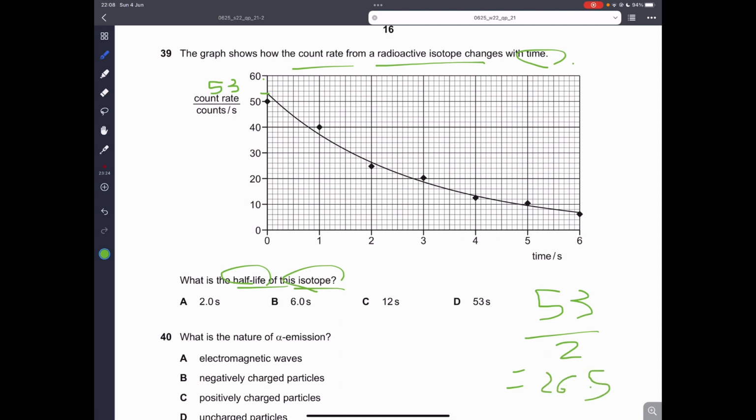Let's find it, it is somewhere here. So 26.5, we go straight through, draw it across, and it is going down, so it is 2 seconds, and therefore it is the correct answer.